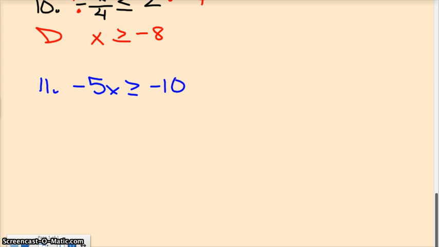Divide by a negative 5. Since I'm dividing by a negative, I'm going to flip it, and x is less than or equal to a positive 2. And that correct answer is D.